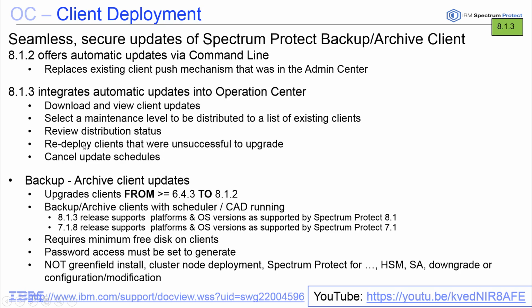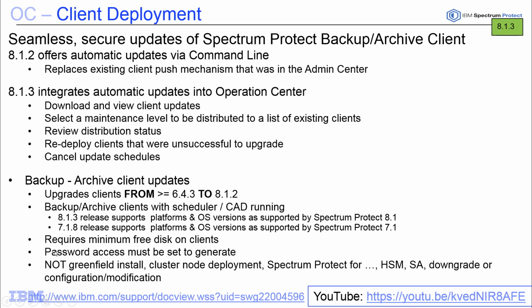In order to be eligible for automatic client updates, your backup archive clients need to be at version 6.43 up to version 8.1.2. You have to have your client acceptor daemon running with a scheduler, and it requires a minimum of some free disk on the clients because we will be sending them the upgrade package to install.